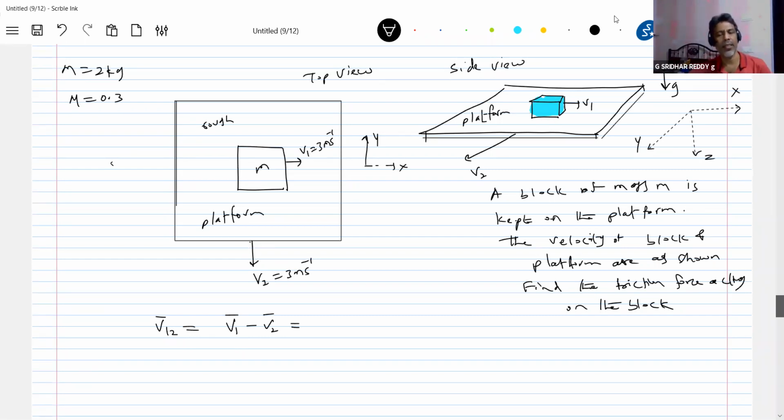Is that okay? Fine. Now V1 bar will be 3i cap. V2 bar, so this is 2i cap and this will be 3j cap. So 2i cap minus 3j cap. How should the relative velocity V12 bar be directed?